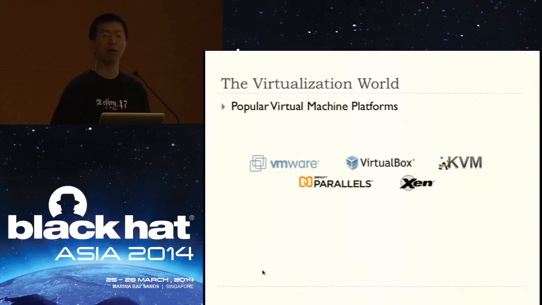For example, VMware has VMware ESX, which is a type 1 hypervisor. It runs on top of physical hardware and then manages virtual machines. And for regular users at their desktop, likely you're using the other type of product from VMware, like VMware Fusion, VMware Player, and Server. Those are pieces of software that run on top of your Windows, Linux. Then you can run a guest OS within it.